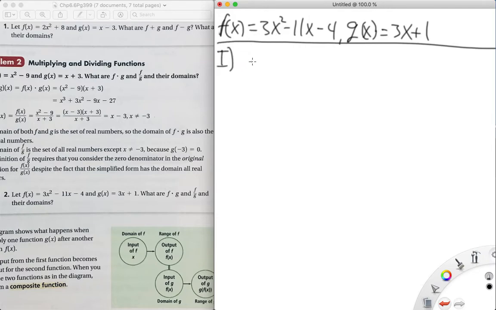When we multiply this, it's going to be 3x squared minus 11x minus 4 times 3x plus 1.